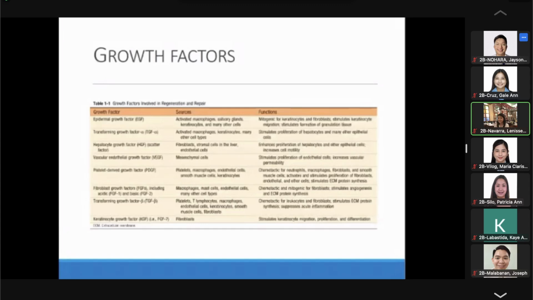Okay, so this is a table from Robbins, tabulation of the different growth factors that are involved in regeneration. So growth factors stimulate the activity of genes required for cell growth and cell division. EGF and TGF alpha belong to the epidermal growth factor family and bind to the same receptors.